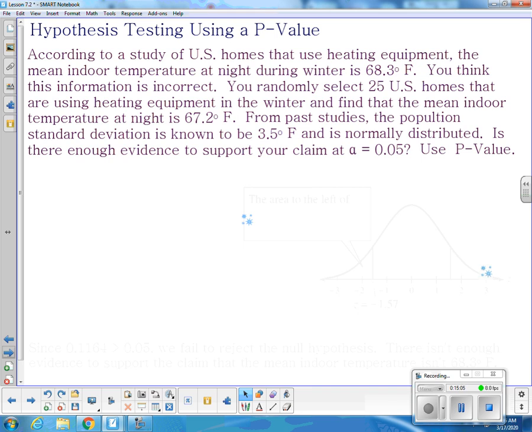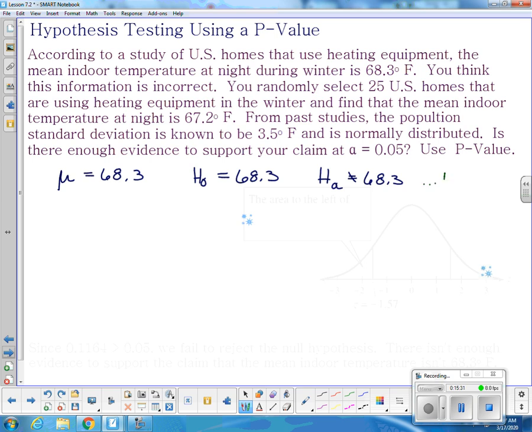so first thing we're going to do is state the claim says the temperature is 68.3. So our null is 68.3 equals. The alternative hypothesis is it is not 68.3. So, not. This is a two-tailed test. Anytime it's equal and not equal, it's a two-tailed test.